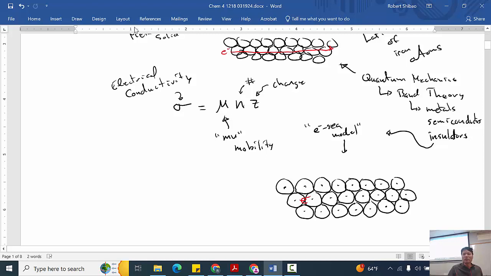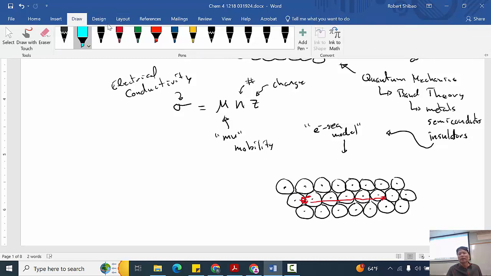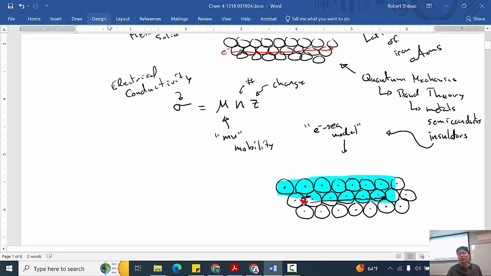Now, one of the characteristics of an electron is that electrons in metals are loosely held. And so the electrons can move through the iron, like this. The way people visualize the electron sea model is that the electrons are like the ocean, able to flow through, and the atoms are like the pier pilings.